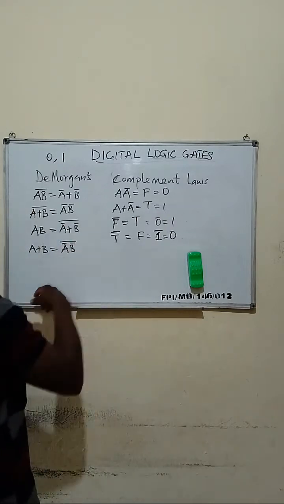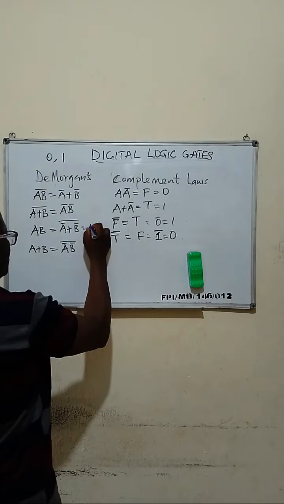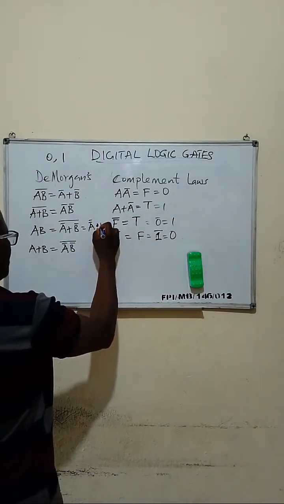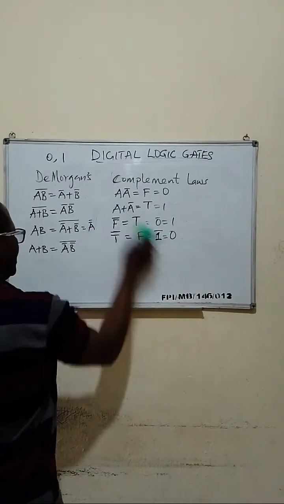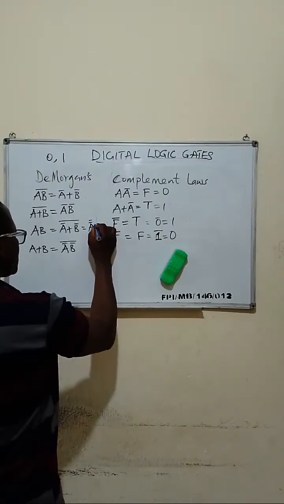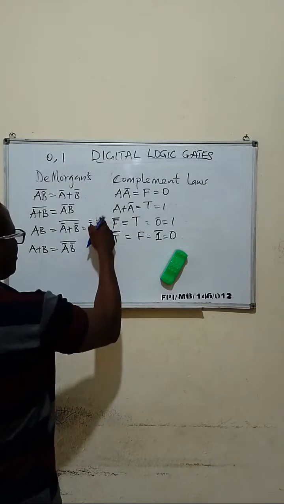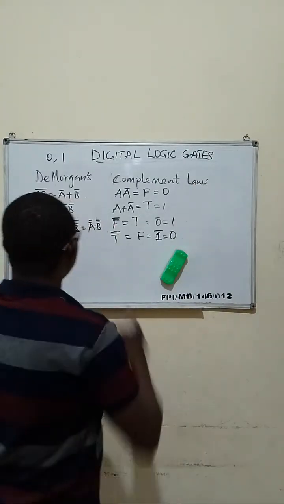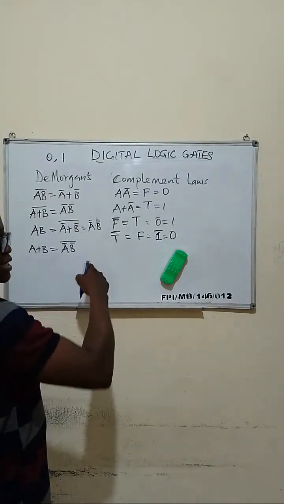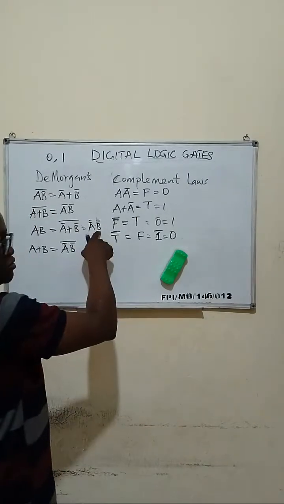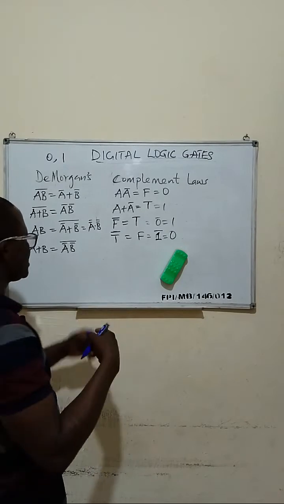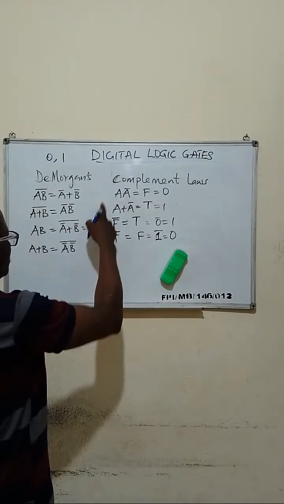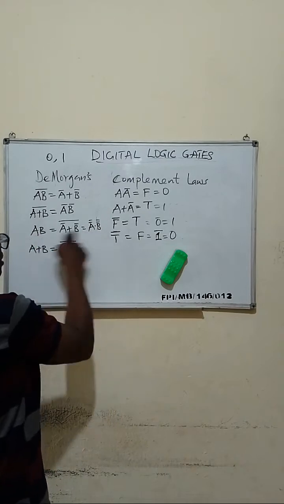So if you do that, the bar on top of the 2 of them will now be on each. A bar bar multiplied by B bar bar. When we have a double bar, it cancels and becomes positive. You understand? It's inverted twice. So the bars cancel each other so that we now have AB.